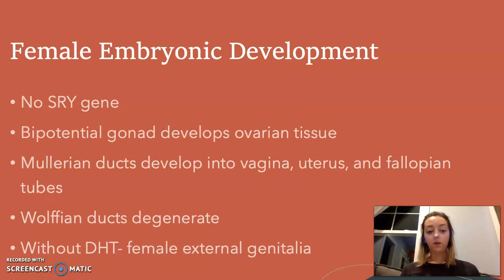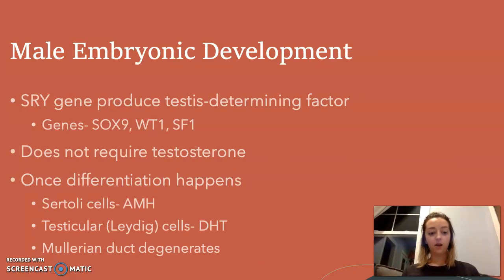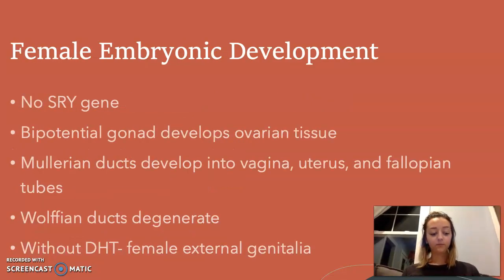Next we will talk about female embryonic development, the last slide of my presentation. In females, there is no SRY gene, so none of these genes, SOX9, WT1, or SF1, are going to be produced or acted upon. Since there's no SRY gene, the cortex of the bipotential gonads develops into ovarian tissue, and since there is no anti-Mullerian hormone, the Mullerian ducts develop into the vagina, uterus, and fallopian tubes.